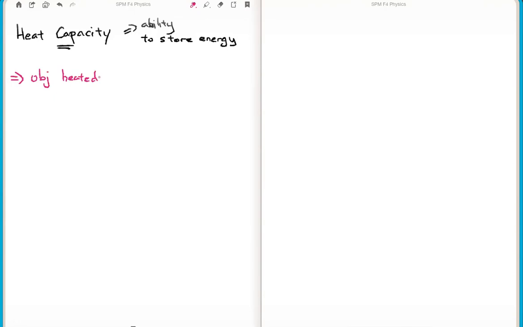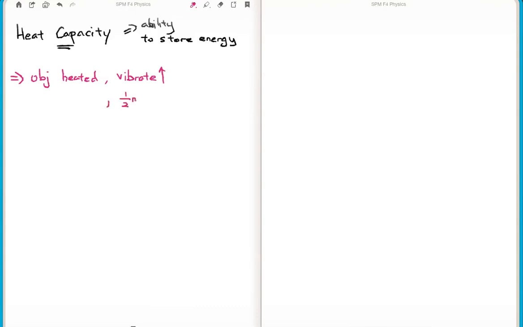What happened? All the molecules, you need to imagine, all the molecules in that mass would vibrate, isn't it? The vibration increases. So when vibration increases, what happened?